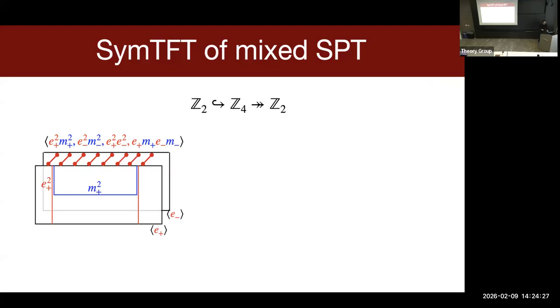So this is just repeating the same picture from earlier, but now in this mixed state context. Now the plus and minus denote the bra and ket, and condensation of the form E plus squared, E minus squared, for example, is incoherently proliferating this E squared anyon.